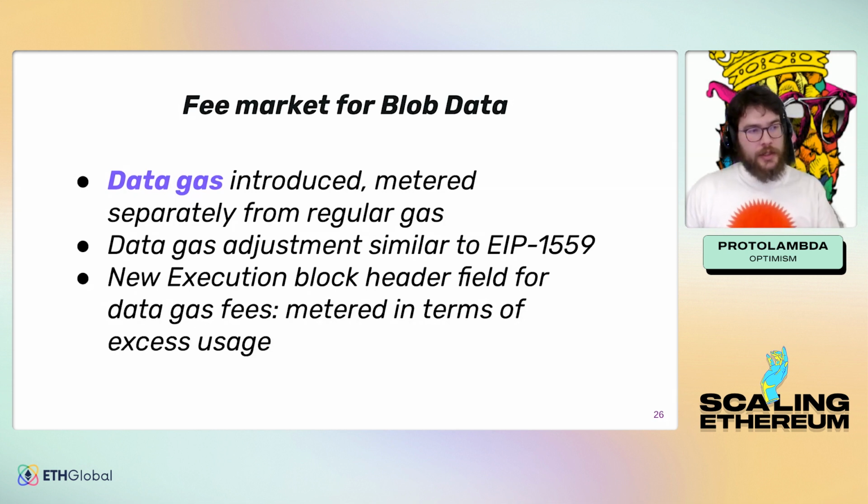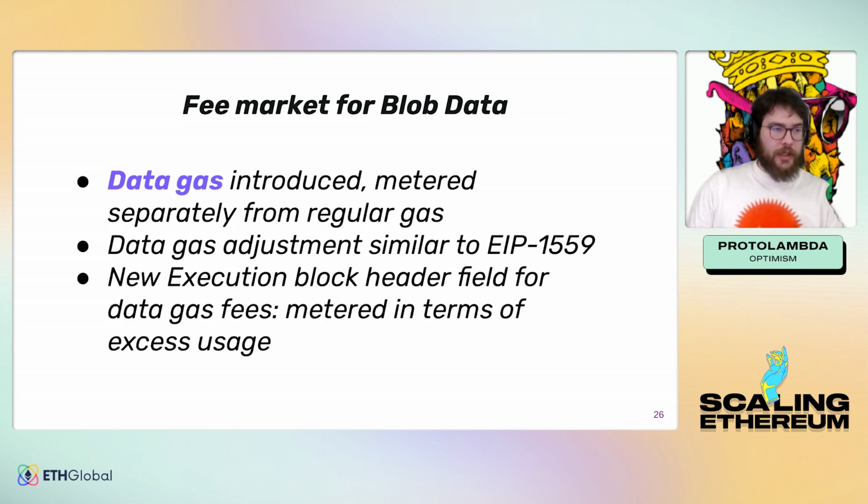And now this data gas works very similar to regular gas, very similar to EIP-4844, where we burn the funds, we burn the fees, if there's an excess in usage. And then in the block header of the execution layer 1 block, we maintain a special variable that can track what kind of excess there is.